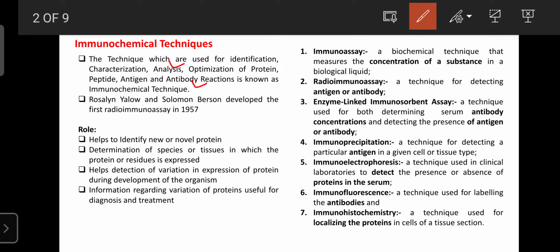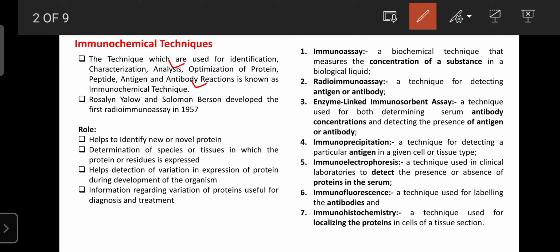They take a lot of time. To identify first the antigens, which antigen is increased in our body due to the entry of a particular microorganism, that is also identified by immunochemical techniques. After that, which antibodies interact with that antigen and form the antigen antibody complex, detection of that complex is helpful for the diagnosis of disease.